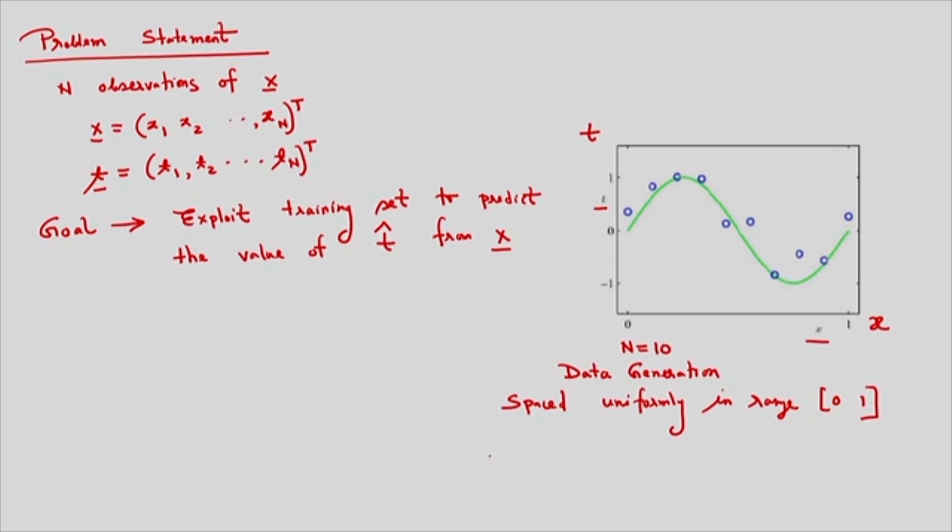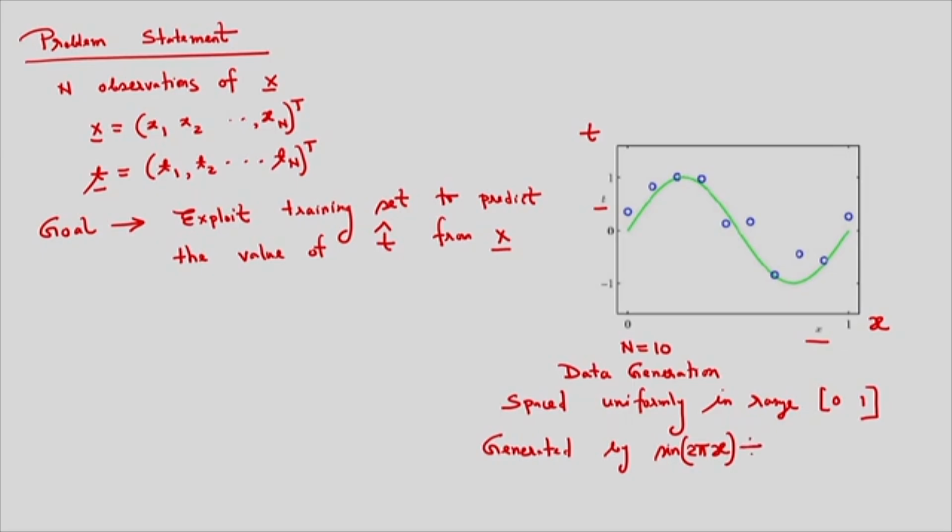And this is generated by a function. The function we are considering is sine twice pi x. So we are considering this sinusoidal function, sine 2 pi x, and with the help of this we are generating this data.